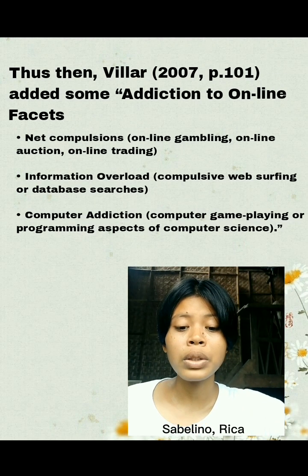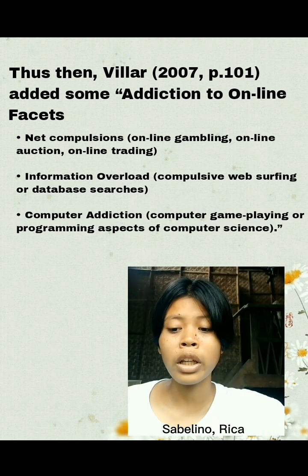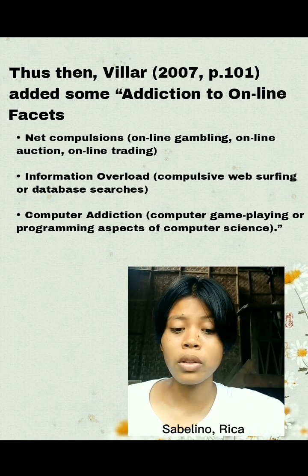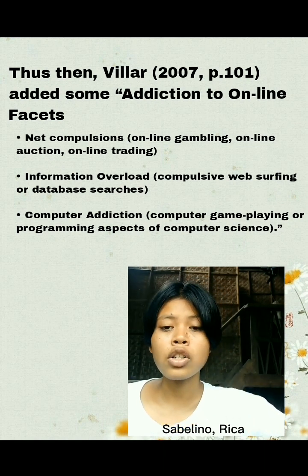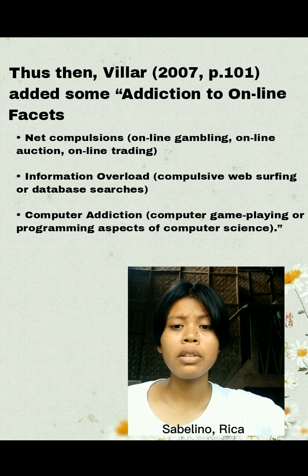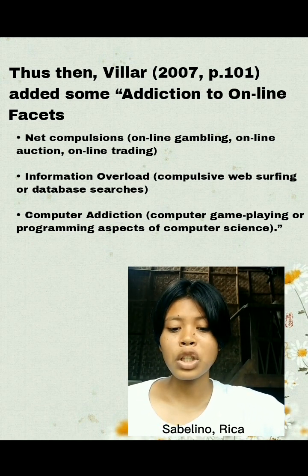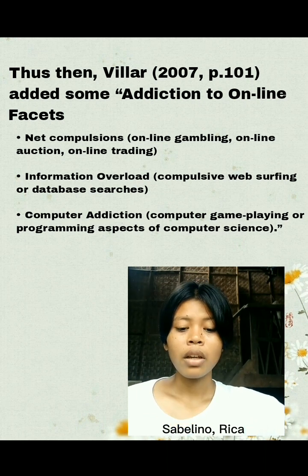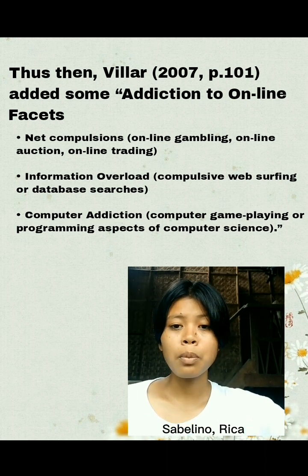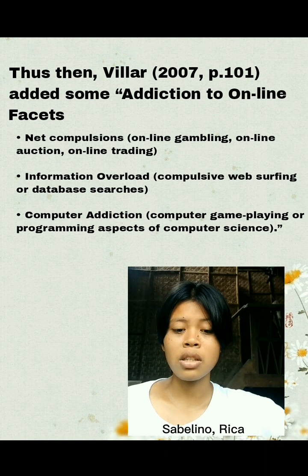Villar 2007 added some addictions to online facets: net compulsions, online gambling, online auction, online trading. So most of them will lead into scams. There are a lot of scammers, especially in online gambling. Information overload, compulsive web surfing or database searches.